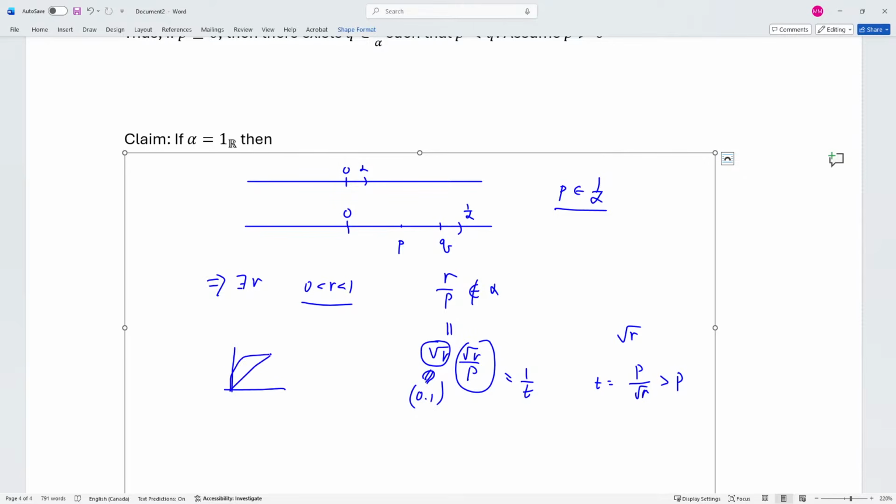We want something that is greater than r. So maybe let's use a quadratic function, f of r. Let's pick the function to be above r. Let's imagine this is a parabola with a maximum at (1, 1). So what would that be? It would be r times (2 minus r).